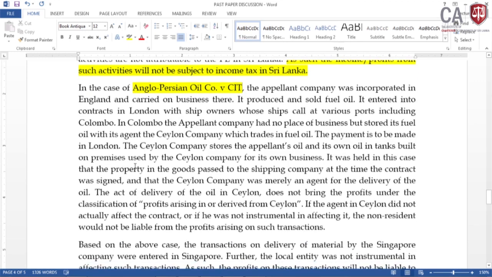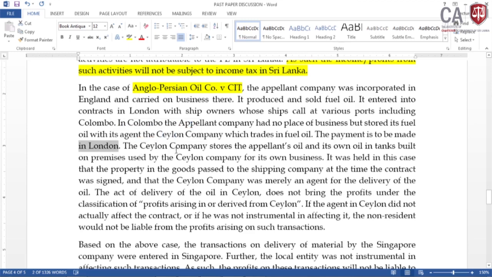In Colombo, the appellant company had no place of business but stored its fuel oil with its agent, the Ceylon company, which trades in fuel oil. The payment is to be made in London. In our case, payment to be made in Singapore, invoice in Singapore.